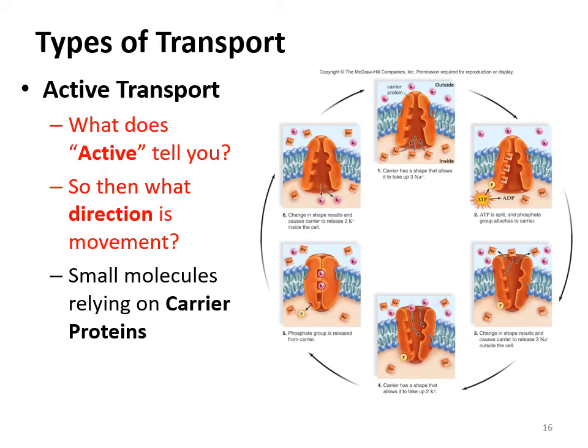Things don't naturally want to do that, so that's why it requires energy. And it will usually use carrier proteins, such as you see in this picture here. These carrier proteins help it move across the membrane, again, because it's not natural movement. So you gotta help it along with energy and a carrier protein.